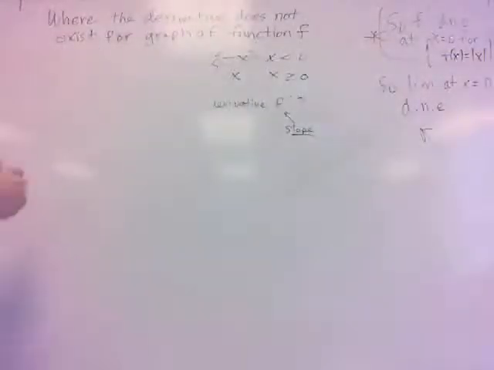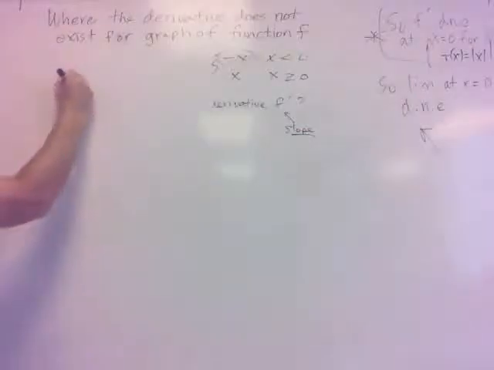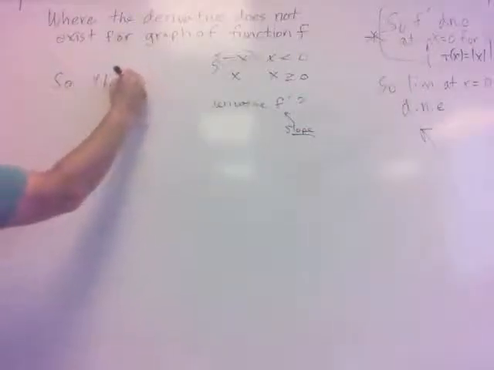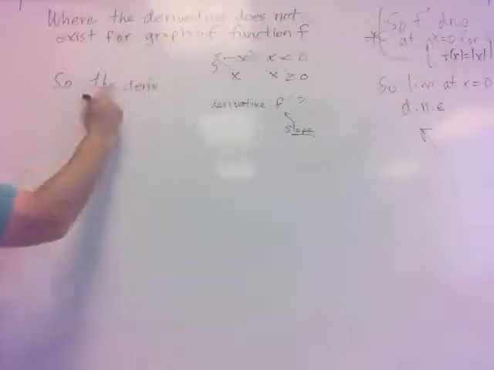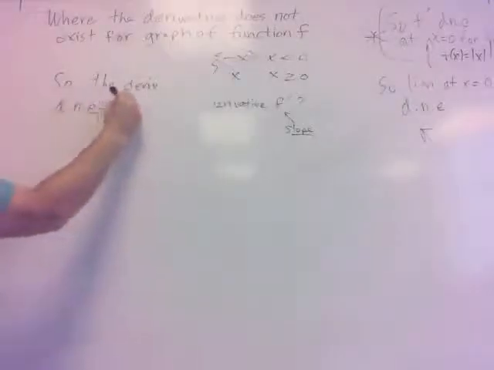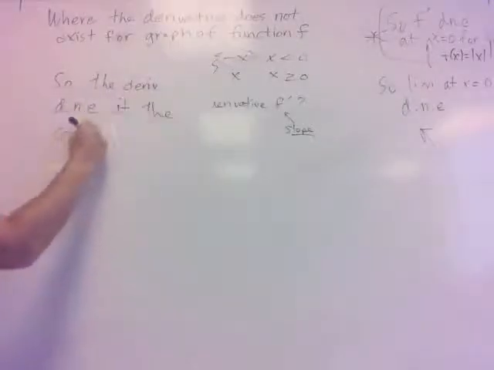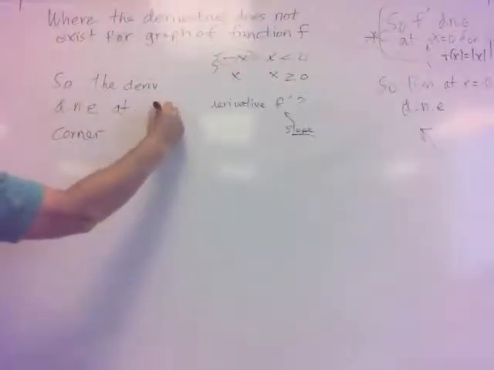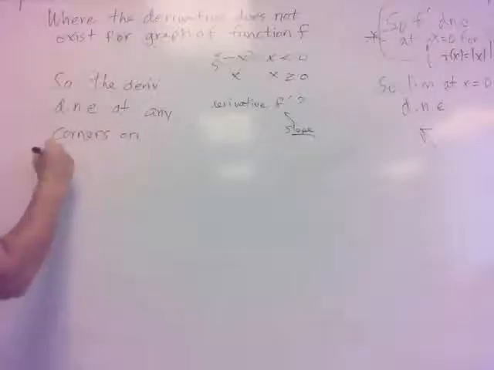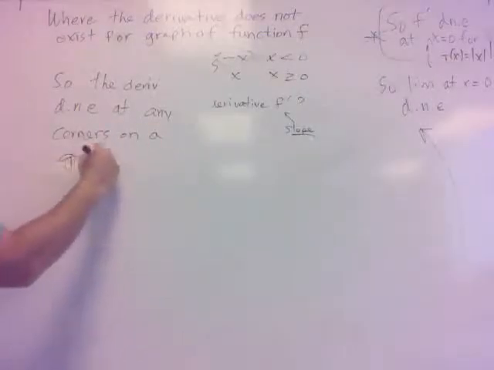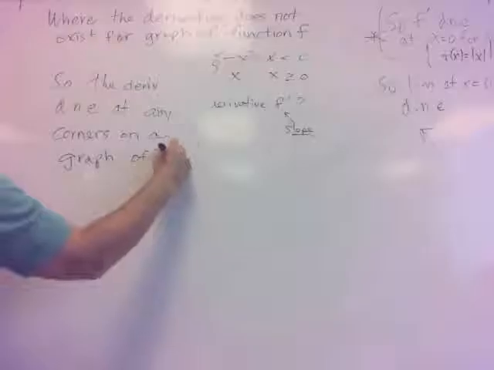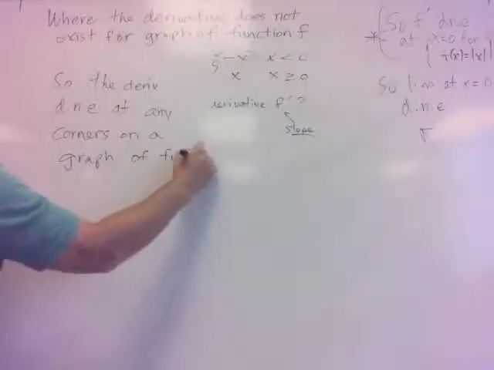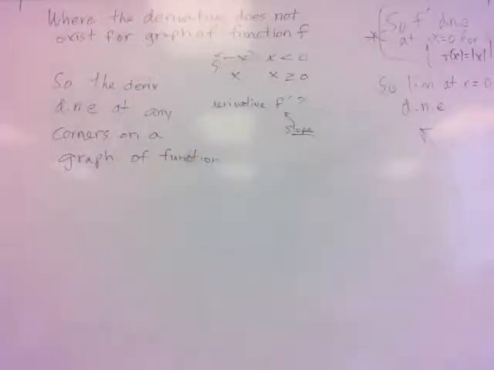So the derivative does not exist at any corners on a graph of a function. Okay? The derivative does not exist at corners, any corners on a graph.